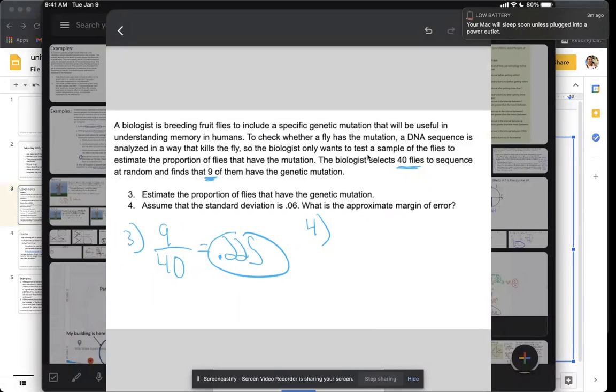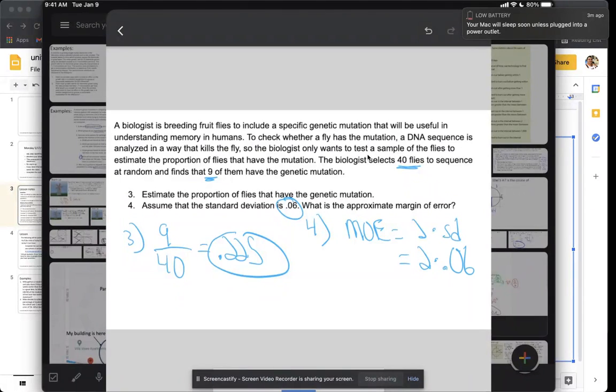We're going to do the same thing we did on the last set of problems. Based on our notes from the previous lesson, my margin of error, I'm going to abbreviate that MOE, is 2 times the standard deviation, 2 times SD. So in this case, it's going to be 2 times 0.06.